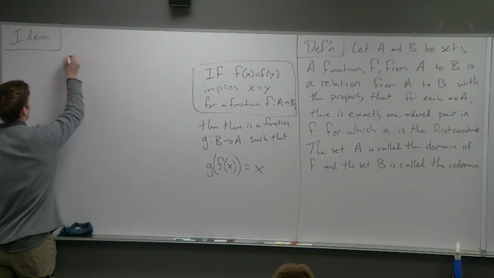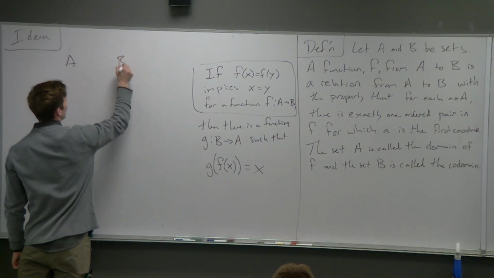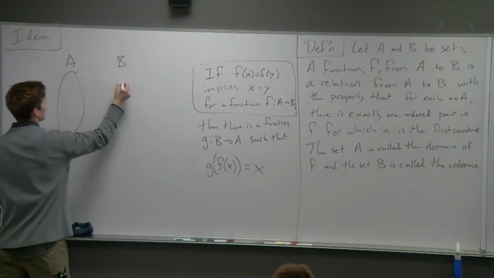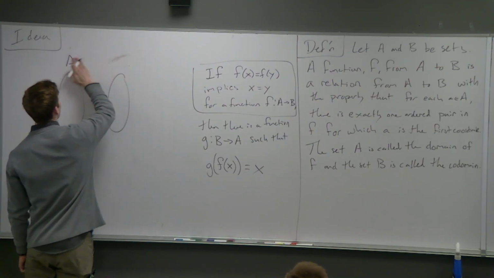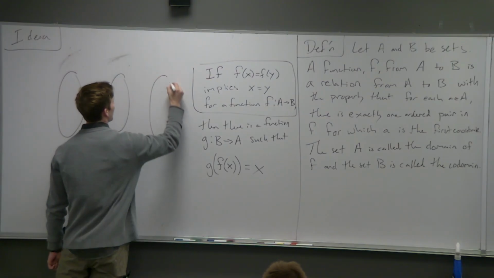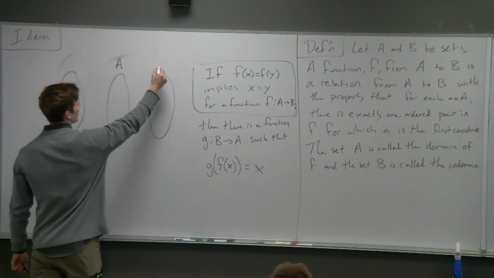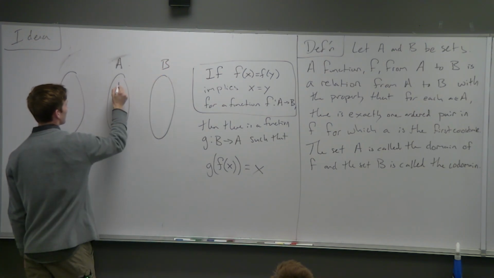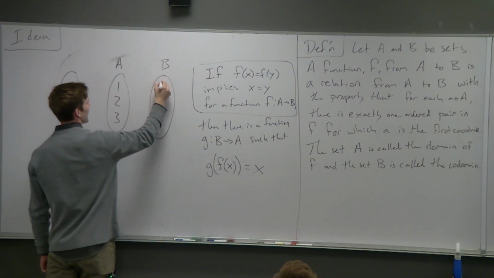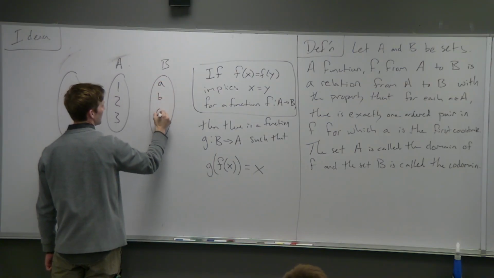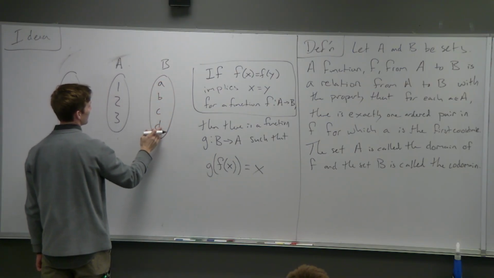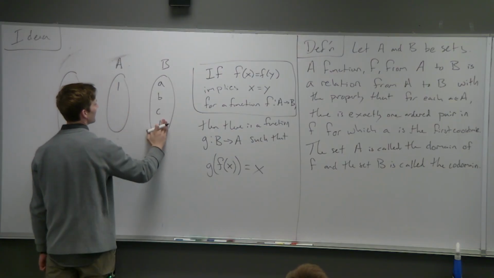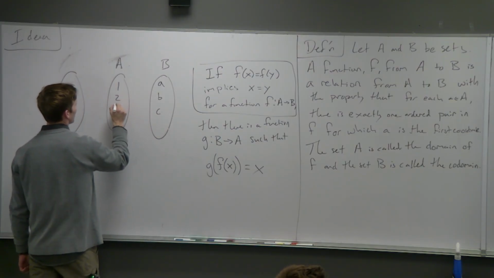If you have, say, A again and B again, actually I'll go draw my 3 boxes here. I'll start here with A and B. Maybe A has just 1, 2, and 3, and B has A, B, C, and D. Or no, I'll go even more like this: I'll do A, B, and C, and I'll go 1, 2, 3, 4.